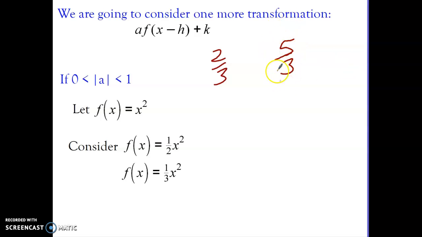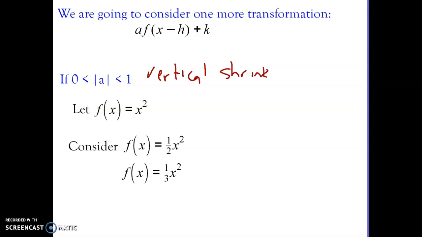So this one would still be a vertical stretch because 5/3 is bigger than 1. I just don't want you to think that every time you have a fraction that it's not going to be a stretch. Stretches are anything bigger than 1. When it's something less than 1 like this, we call that a vertical shrink. Okay, opposite of stretch is shrink.